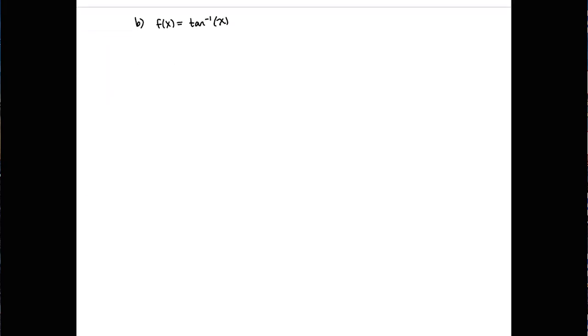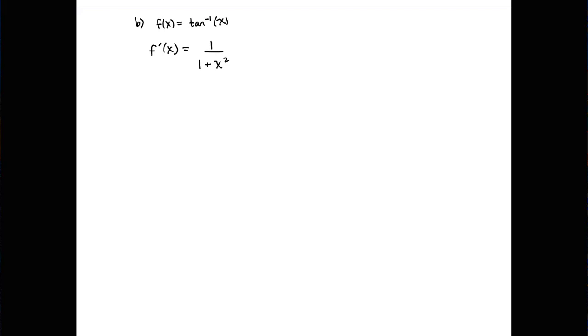So we're going to do this again, but we're going to repeat it on the function tangent inverse of x. So what we know about f prime of x is that we have 1 over 1 plus x squared. At least hopefully you're feeling more comfortable with that at this point. That's the derivative.